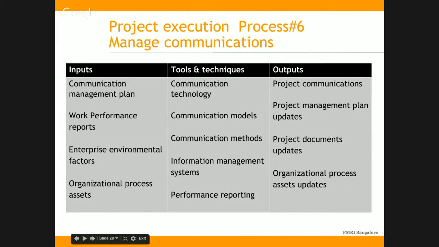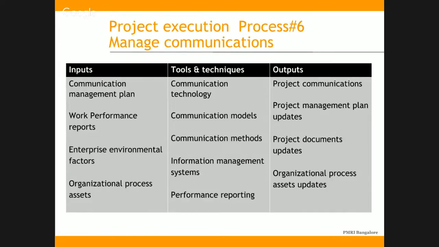Then we have enterprise environmental factors and organizational process assets coming in as an input. The tools and techniques used for managing communications are communication technology, communication models, communication methods, information management systems, and performance reporting.